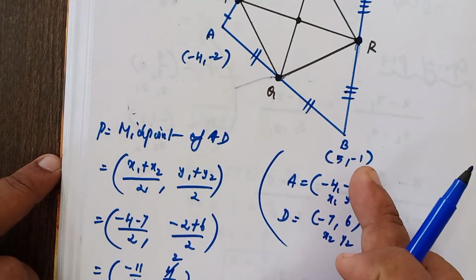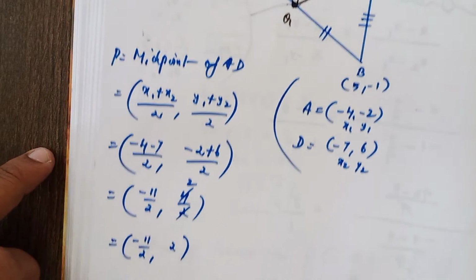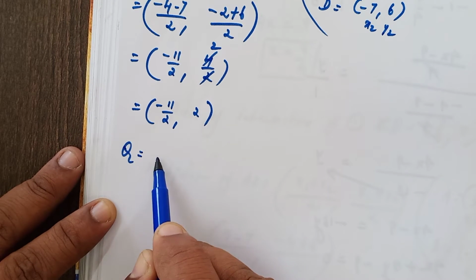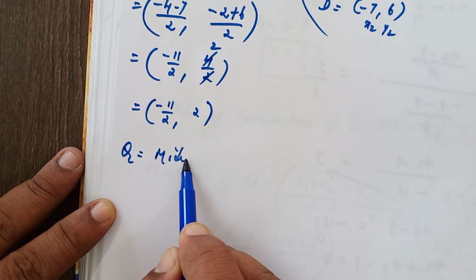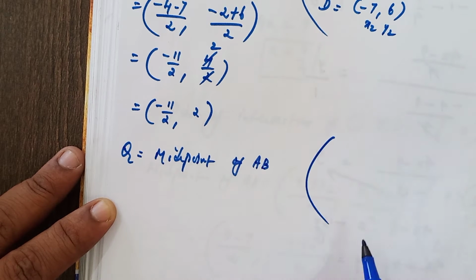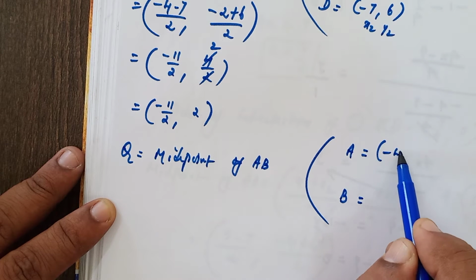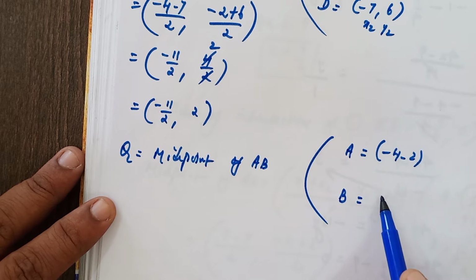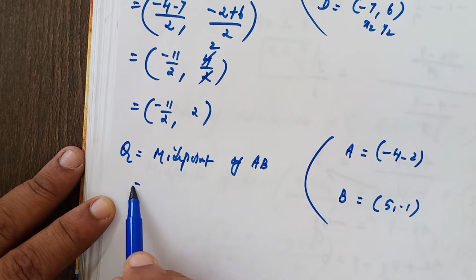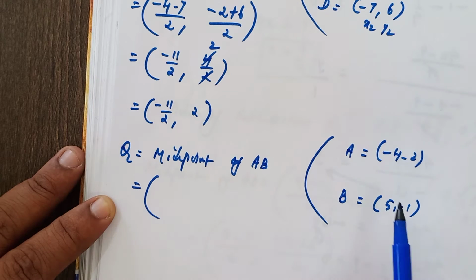Q is the midpoint of AB. Points A and B: A is (-4, -2), B is (5, -1). Same midpoint formula.